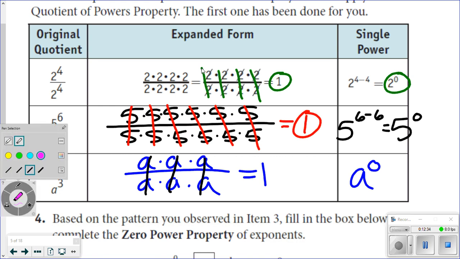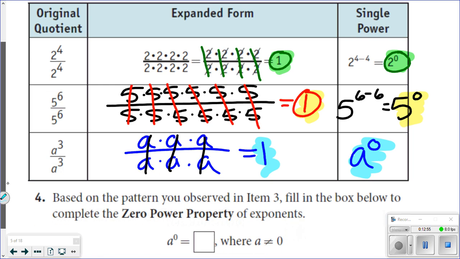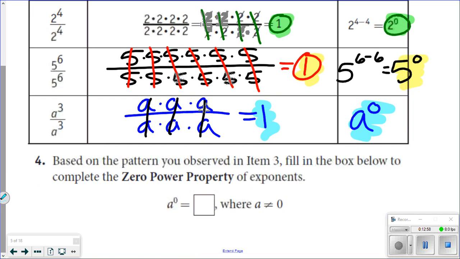So this is equal to this: 2 to the 0 power equals 1. 5 to the 0 power equals 1. A to the 0 power equals 1. So x to the 0 power, b to the 0 power, 582 to the 0 power, anything to the 0 power is 1. Banana to the 0 power is 1.